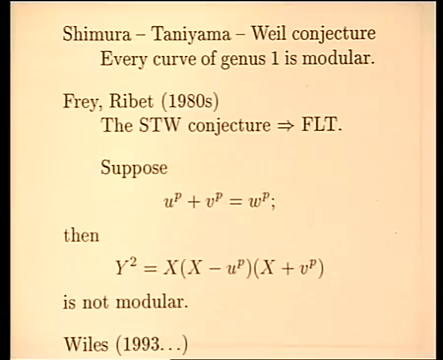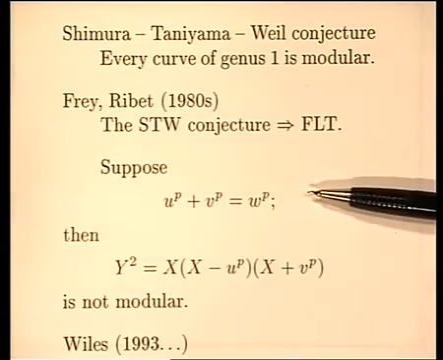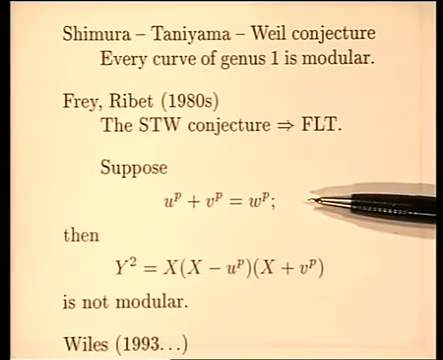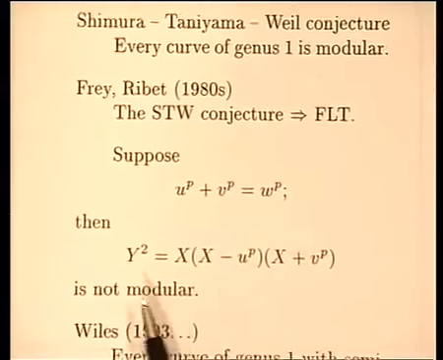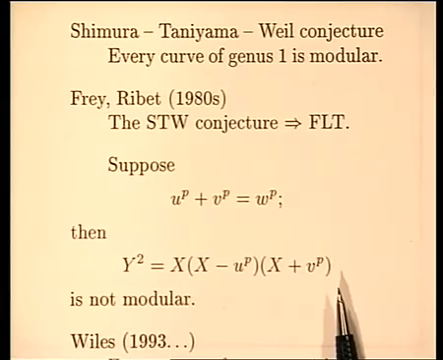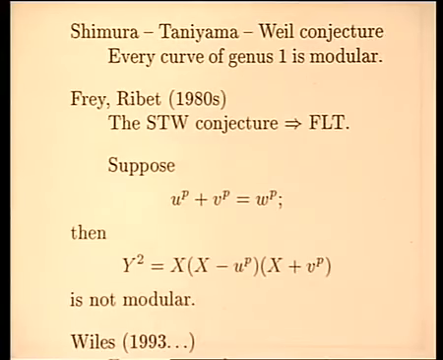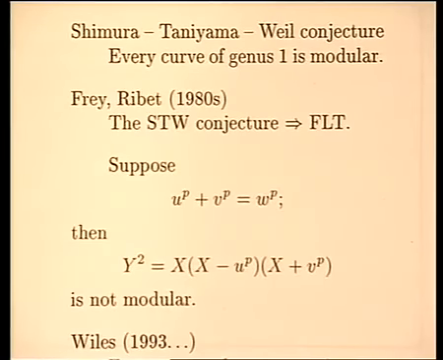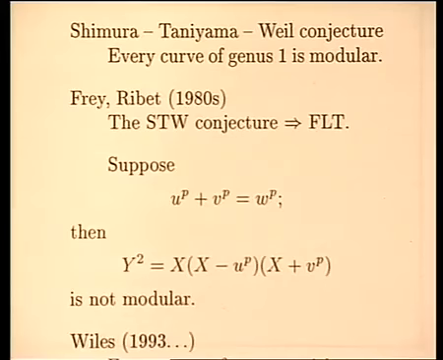And the way they proved this was to consider a solution to Fermat's equation, say u to the p plus v to the p equals w to the p. Then the equation y squared equals x times (x minus u to the p) times (x plus v to the p) is a cubic curve, and therefore of genus 1, and it's possible, quite simply, to show that this is not modular.